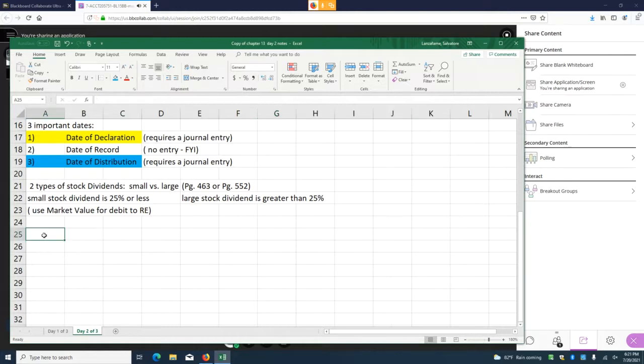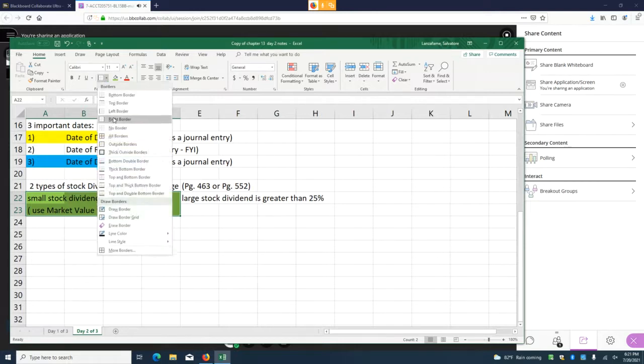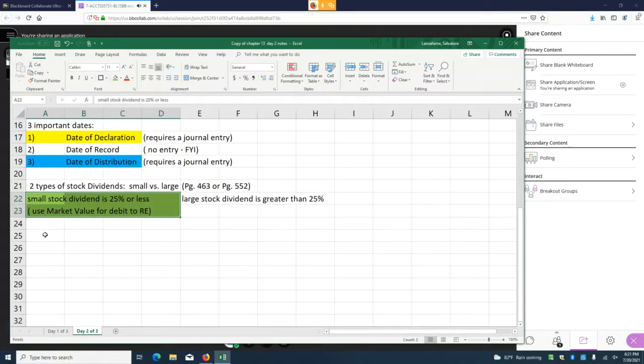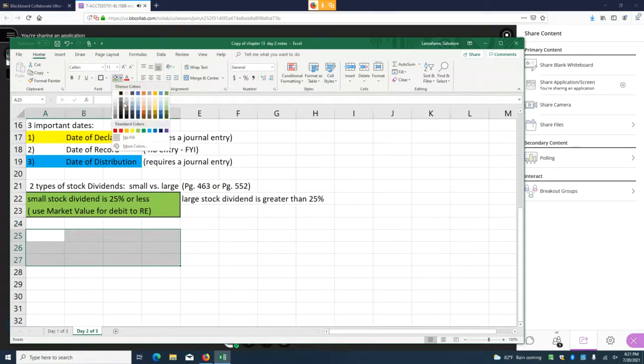So here is the first date, the date of declaration when you're using a small stock dividend. So we're going to be in this environment here. Let's see if I can block this out a little bit. So the journal entry on the date of declaration, this is going to be a yellow entry to match the wording up top.